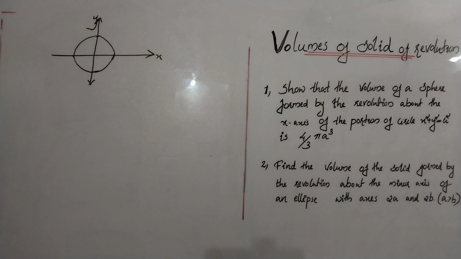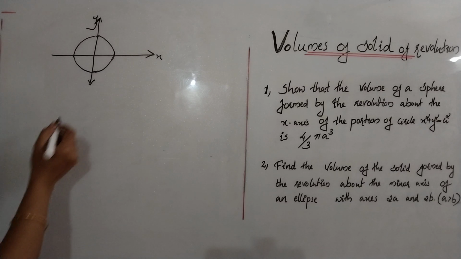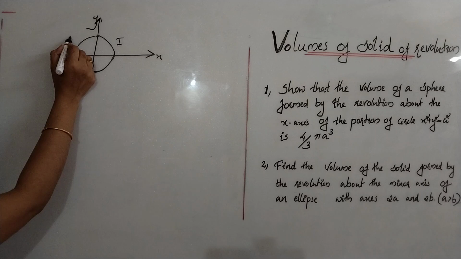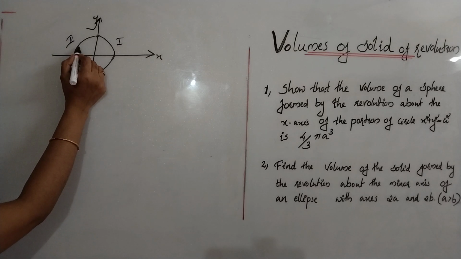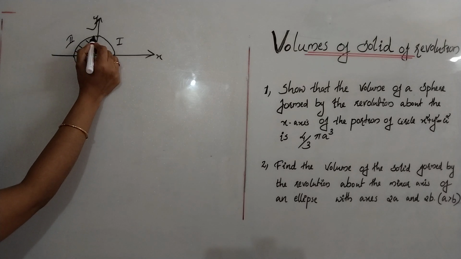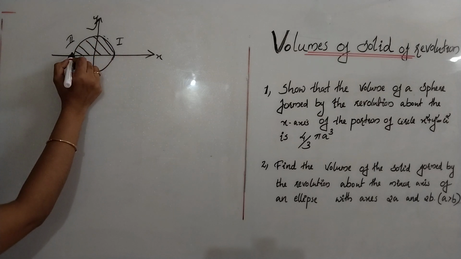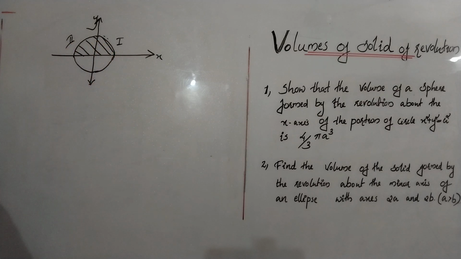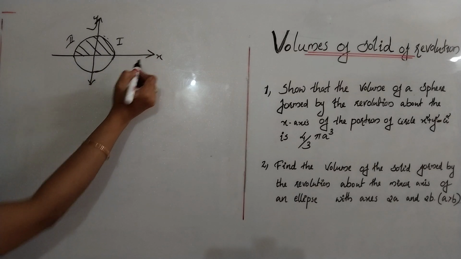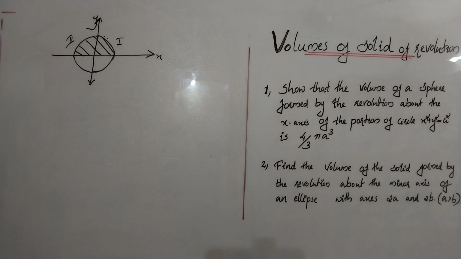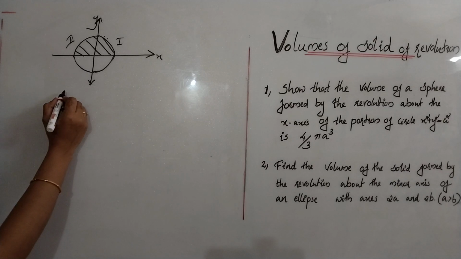By revolving about the x-axis the area enclosed in the first and second quadrants of the circle, this is the first quadrant and this is the second quadrant. Then the area enclosed in the first and second quadrant is this portion of area. If it is revolved about the x-axis, we obtain a solid sphere having radius a.